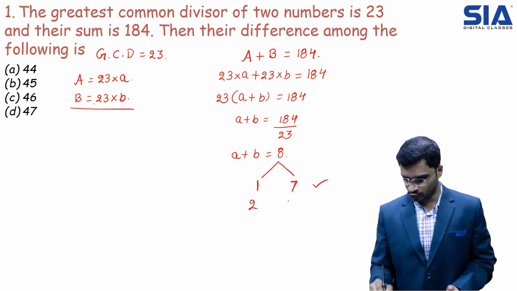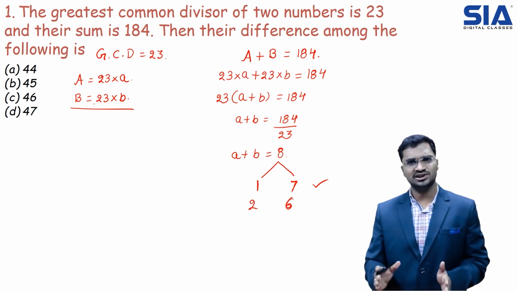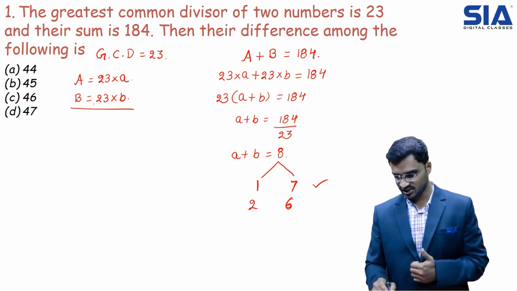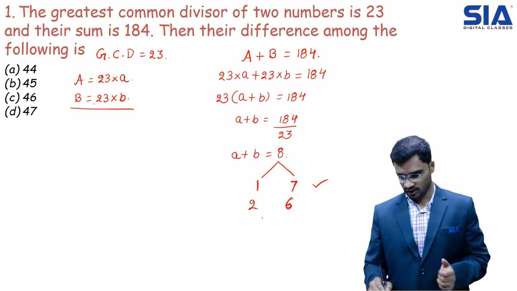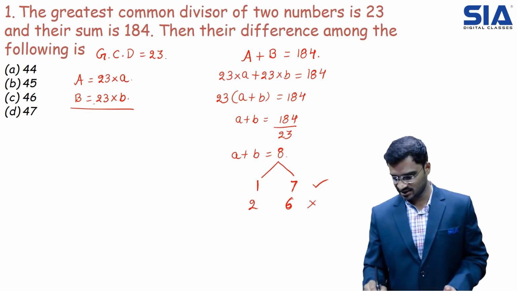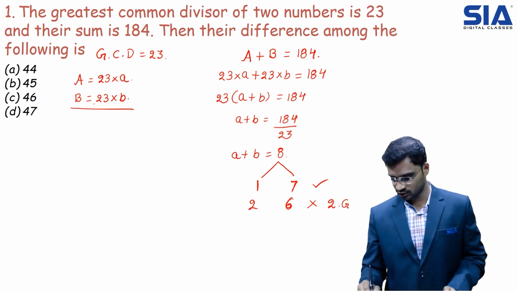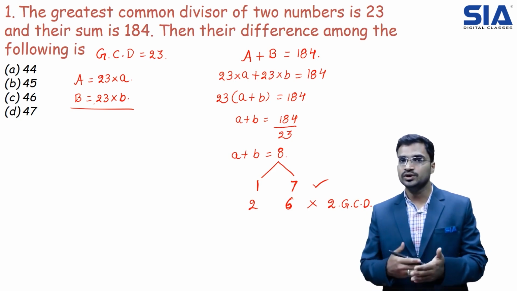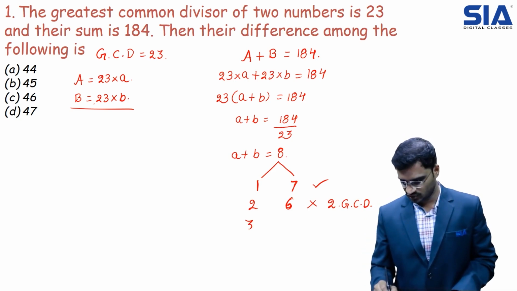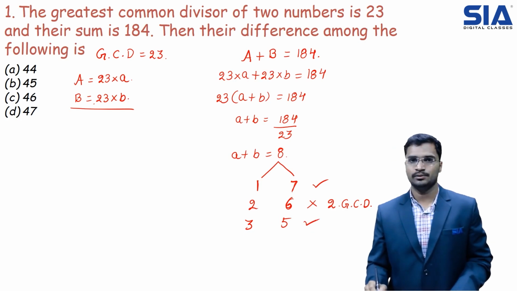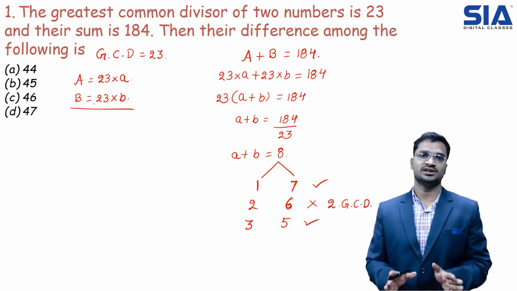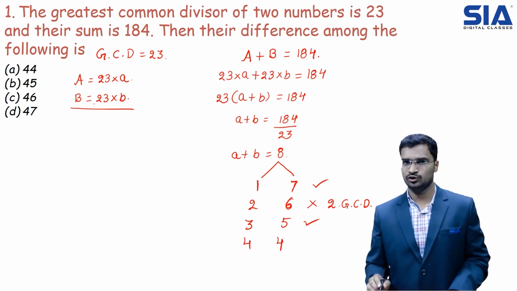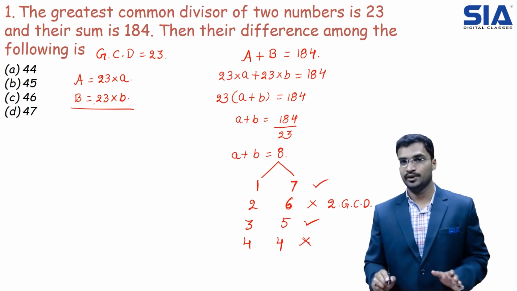Next, 2 plus 6 is also 8, but here we get a common multiple of 2, so we should not take 2 and 6, as 2 would additionally become a GCD. Next, 3 plus 5 we can take, as only 1 is the greatest common divisor.